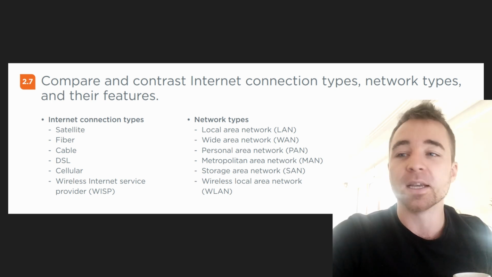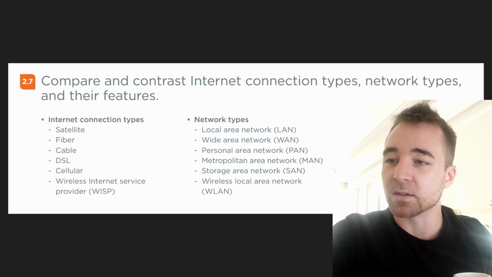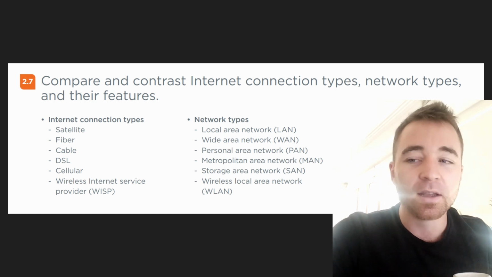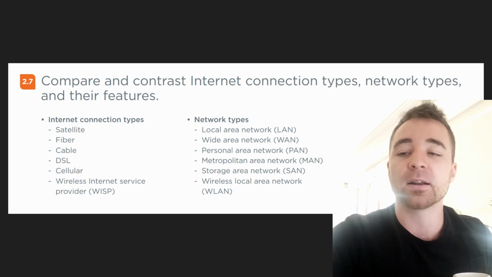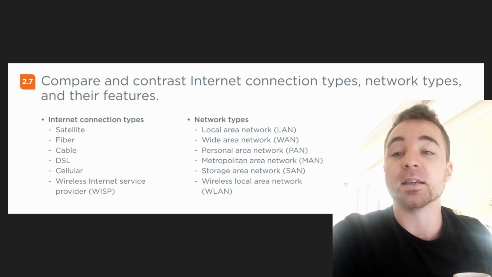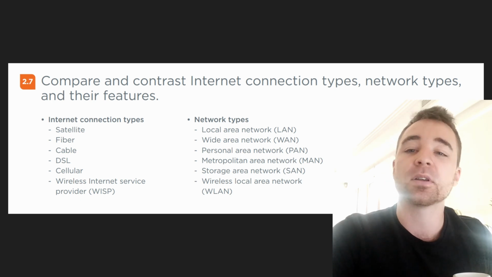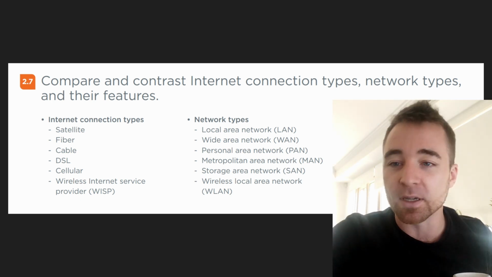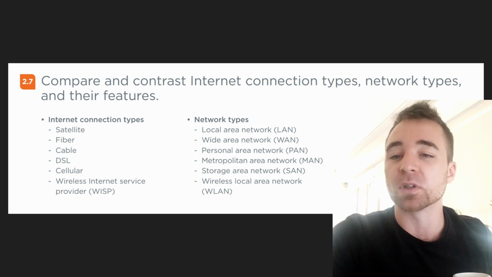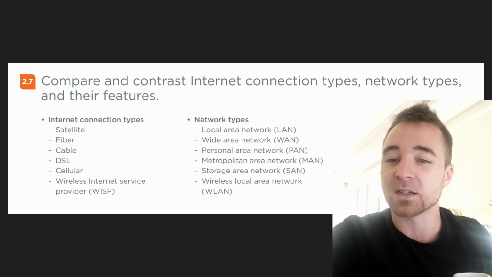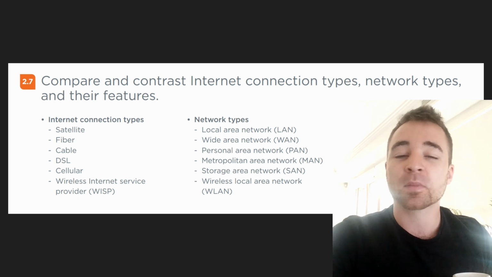More specifically, the internet connection types over here to the left: satellite, fiber, cable, DSL, cellular, and wireless internet service provider. And then the network types, sorry, that was the connection types. The network types: local area network, wide area network, personal area network, metropolitan area network, storage area network, and wireless local area network.